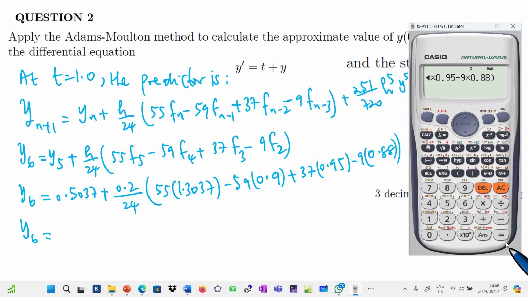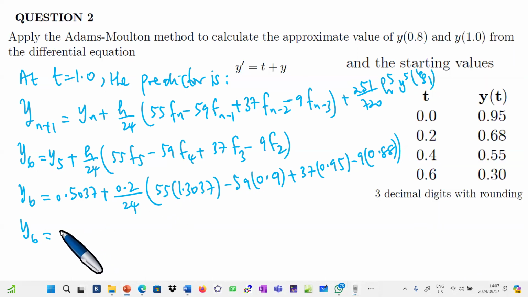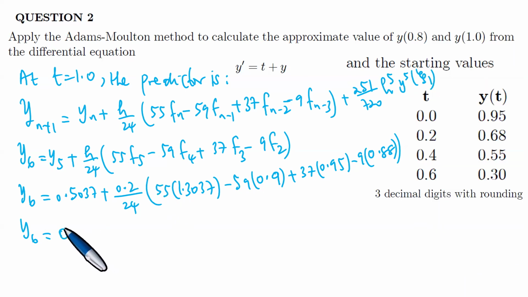We close the brackets. That gives 0.8856.